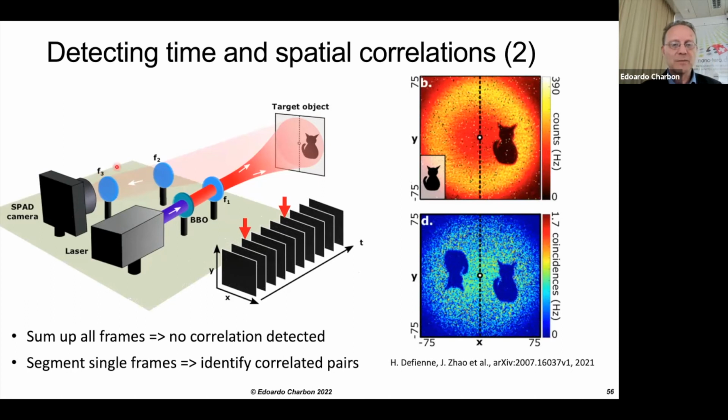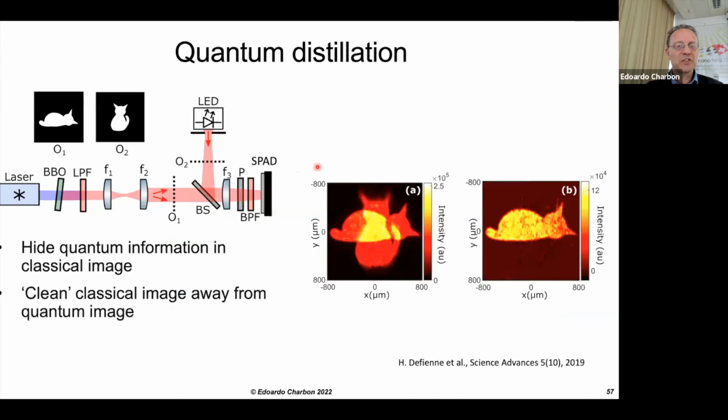If on the contrary I am able to distinguish only entangled photons, then in this case I would be able to extract the correct image. This is a technique known as quantum distillation, because I can distill out an image that is visible in plain sight and completely separated from classical images.